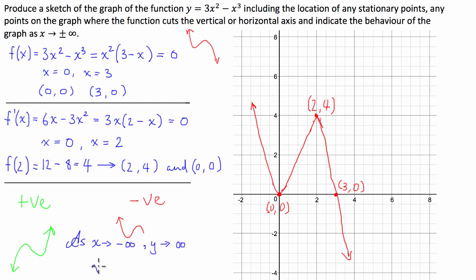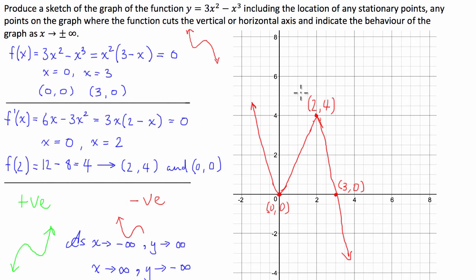And as x approaches positive infinity, this way, y is going to approach negative infinity. If we had a positive cubic, it would be exactly the opposite. As x approaches negative infinity, y would approach negative infinity, and as x approaches positive infinity, y would approach positive infinity, much like a positive linear function.